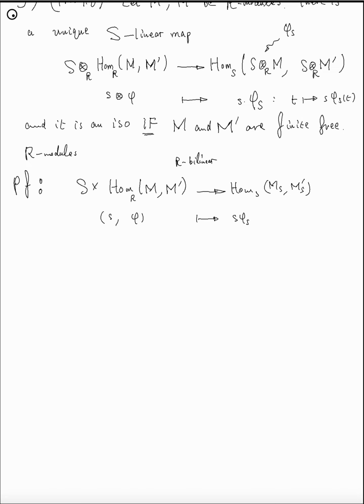On the first position, this obviously is R linear. On the second position, by the construction of phi_S, it is 1 tensor phi, and so it's again R linear. And so it induces a map from the tensor product to the target.